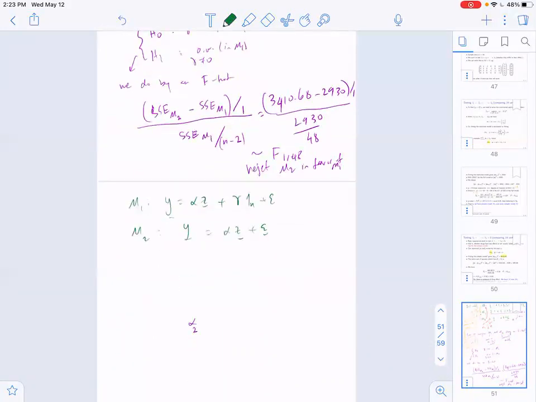Right. How about this model? Let's say M3: alpha z plus 1n. Is this a submodel of M1?